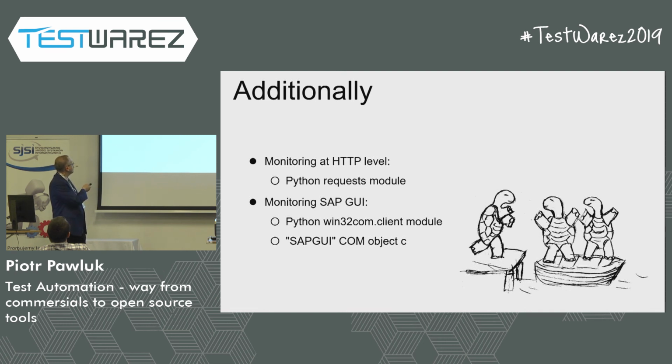And for SAP GUI, we have done a POC, so something which probably will work, so we could automate our SAP GUI using Python with the win32com client module and SAP GUI COM object.